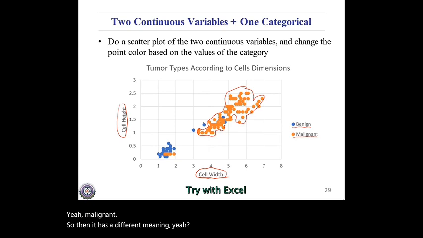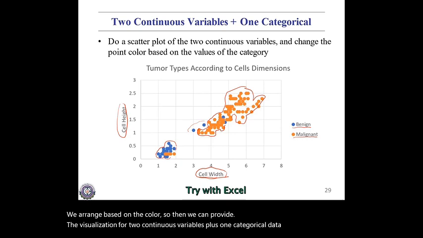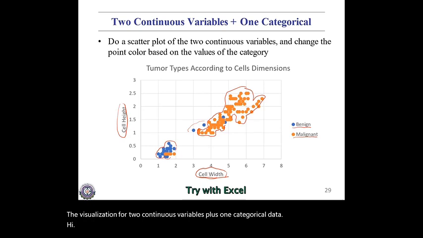And then there is a blue here, even inside the small part. So by using the scatter plot, arranged based on the color, we can provide the visualization for two continuous variables plus one categorical variable, right?